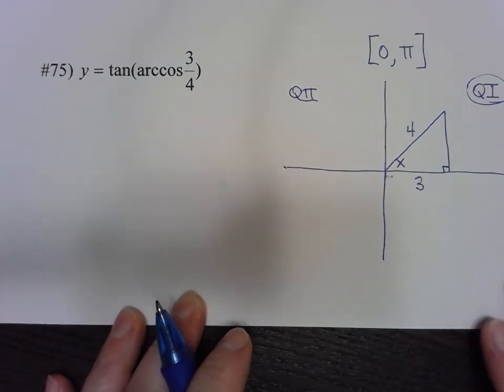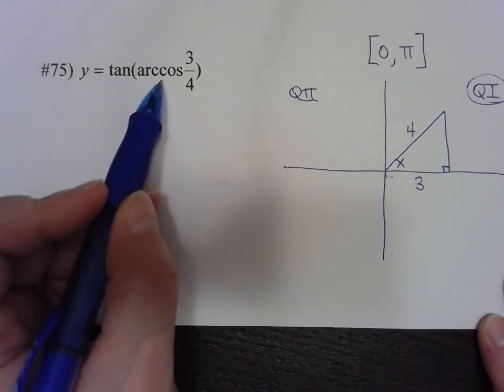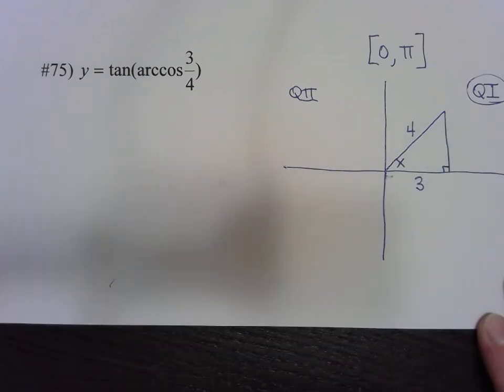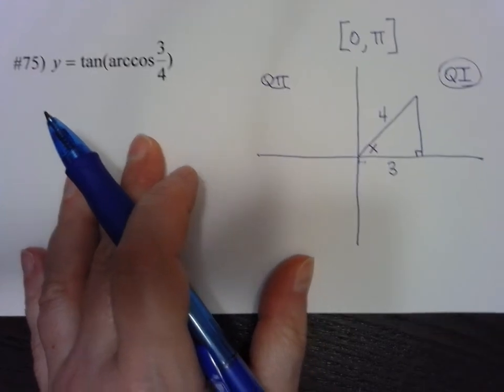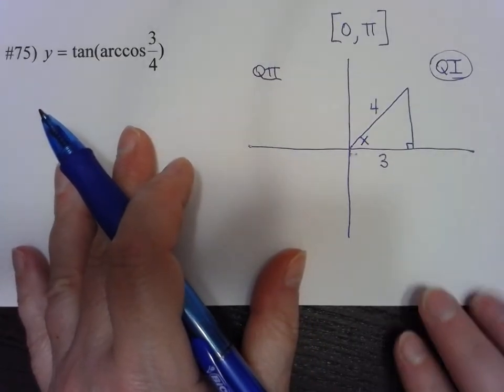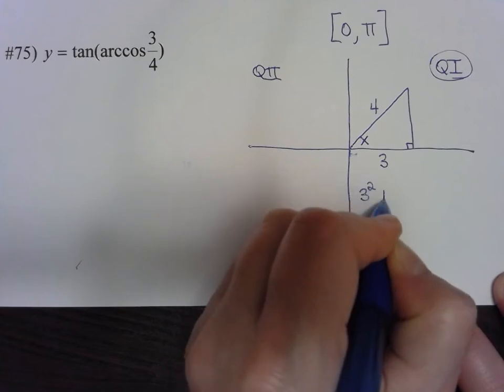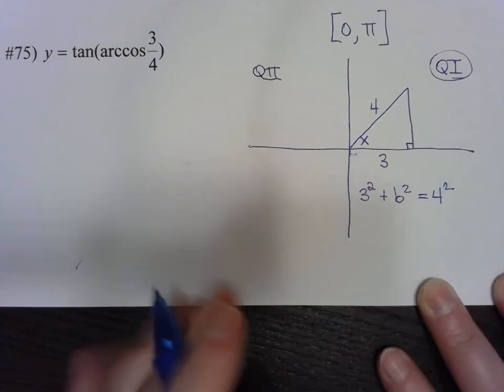And now that we've drawn a picture of this angle, we want to take the tangent of this angle. So we really need this other side of the triangle, so let's solve for it. Let's call it b, okay? So 3 squared plus b squared equals 4 squared.